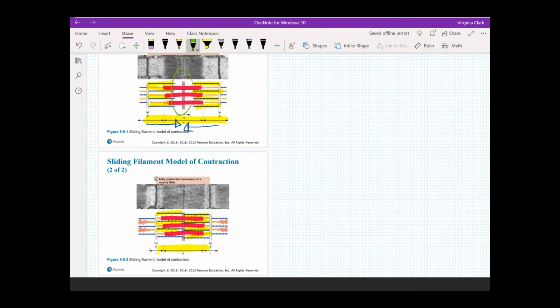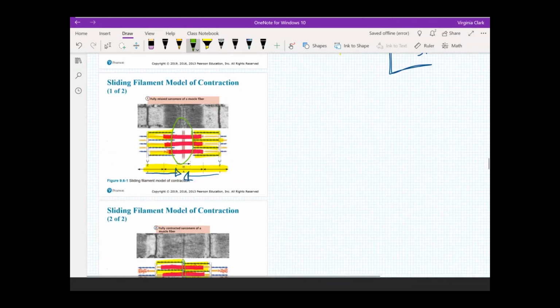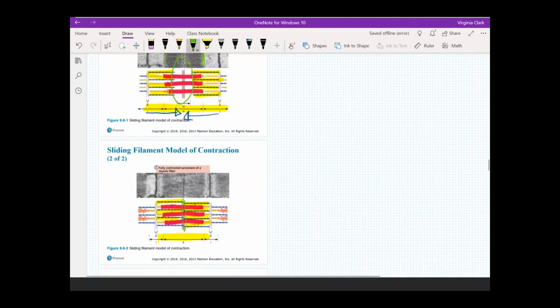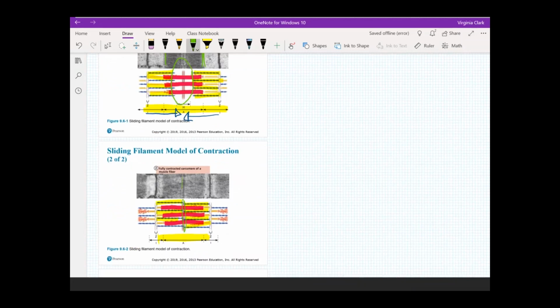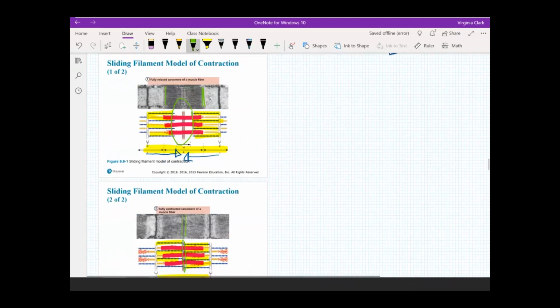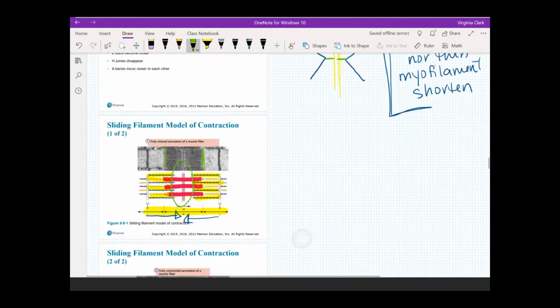Whereas this space was here before, there is now none of that space right there. You can see it here where it's got the dark space, the A band, or now here is our A band. It has drastically decreased. So that is actually our sliding filament model of contraction.